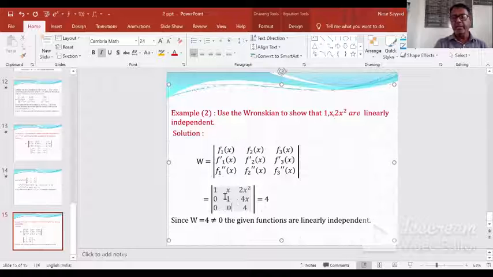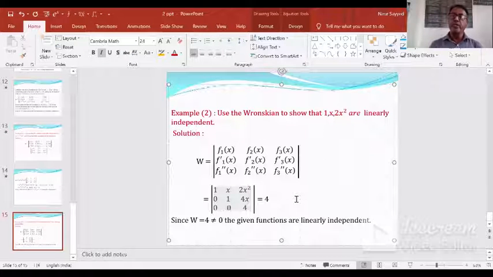Or we can say that this is an upper triangular determinant and its determinant is the product of the diagonal elements, 1 into 1 into 4. You have studied in 11th or 12th standard the properties of these determinants. And since this Wronskian is non-zero, we are able to conclude that these three functions are linearly independent.